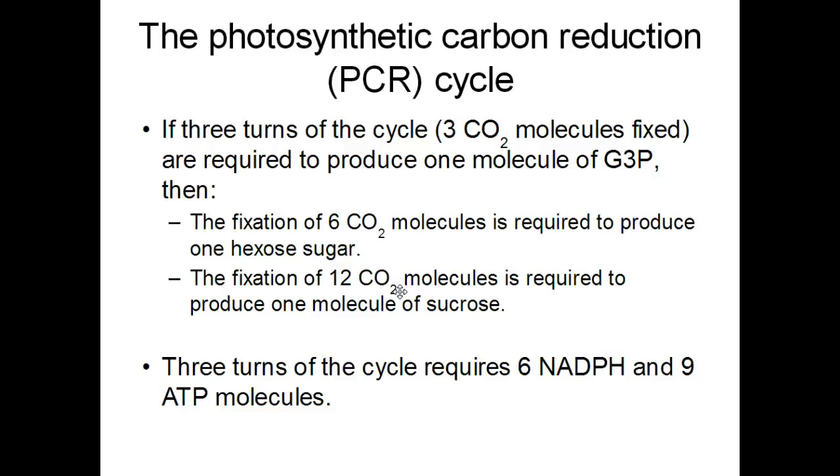We have 6 turns to produce 1 hexose, one glucose, and then 12 turns to produce sucrose. 3 turns of the cycle, we need 6 NADPHs and 9 ATPs. So we use a lot of that light energy to reduce these compounds. Again, it's just a series of oxidation reduction reactions.